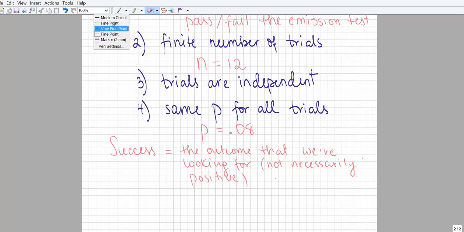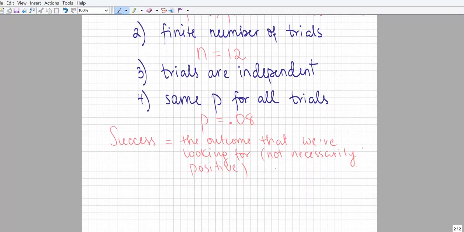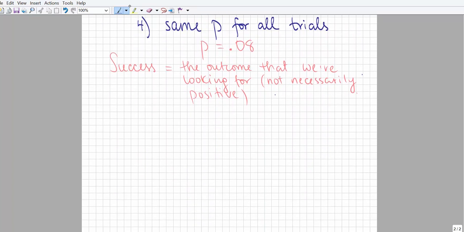Okay, so let's see, I have all of these satisfied, so I know this is a binomial distribution. I'm gonna go ahead and write out everything that I have. I have 12 cars that are selected. Probability of success is 0.08. So X is the number of cars that fail the test, right, out of those 12.